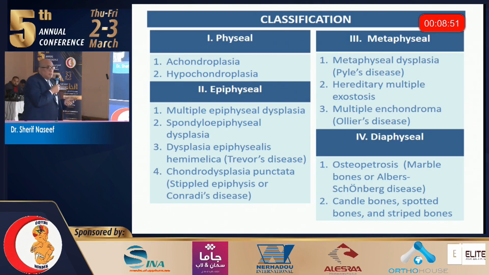Physeal is abnormality in the physis, so there is abnormal endochondral ossification, either severe, which is achondroplasia, or mild, which is hypochondroplasia.